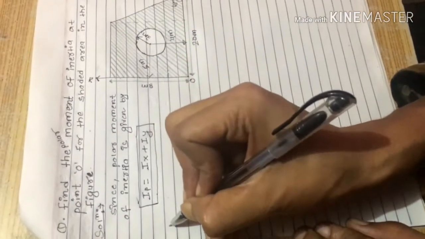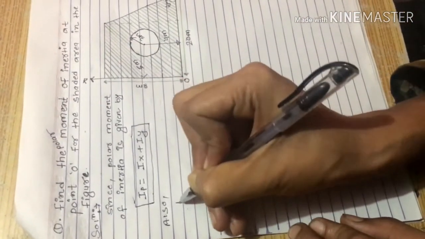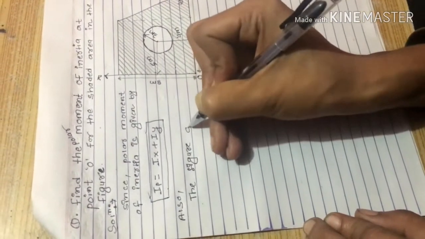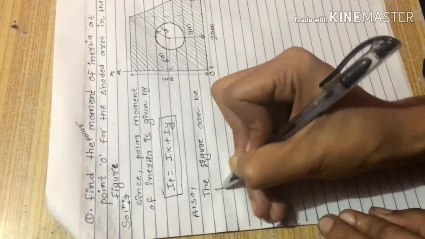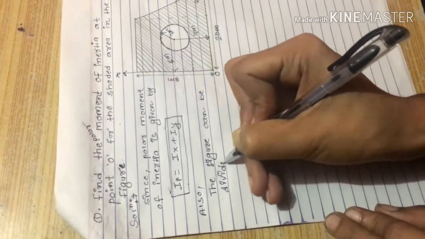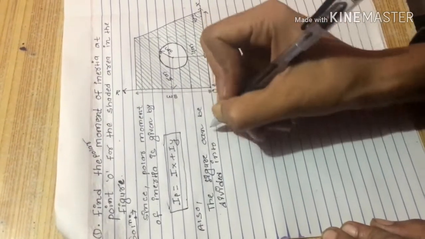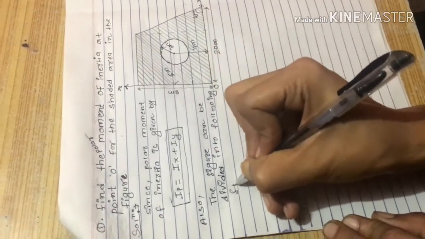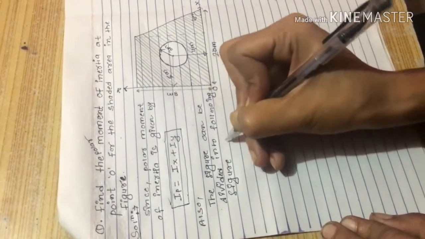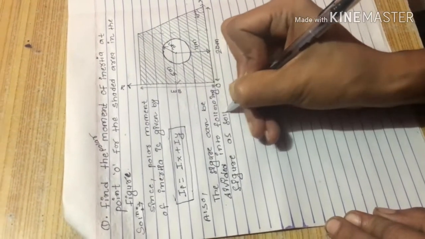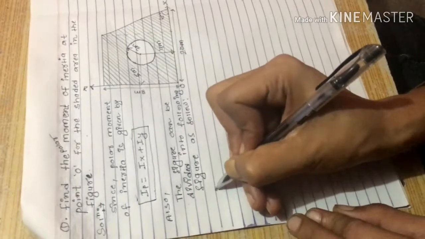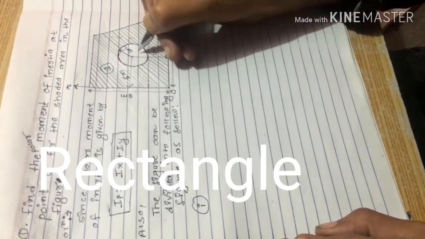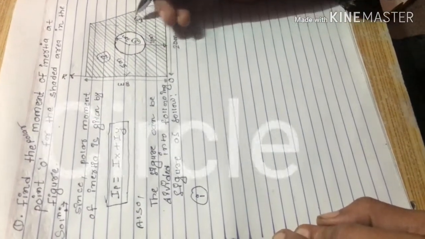So the figure can be divided into the following figures: first rectangle, second circle, and third right angle triangle.